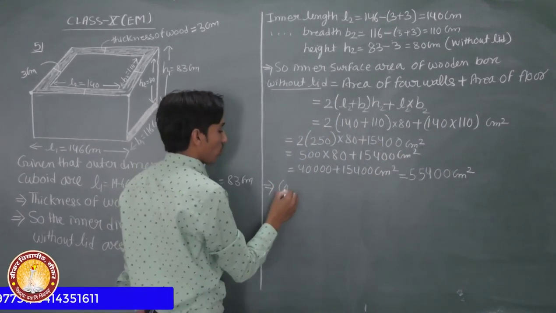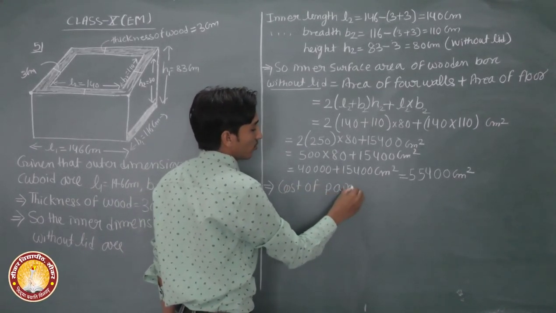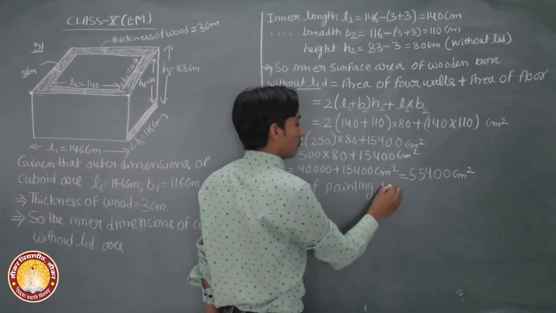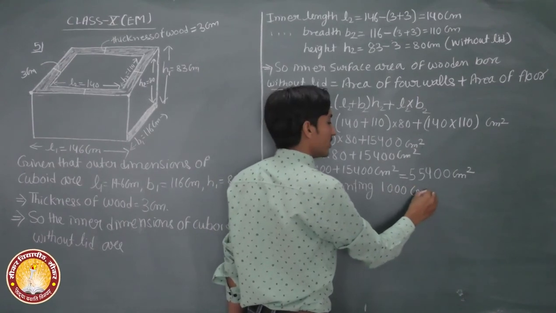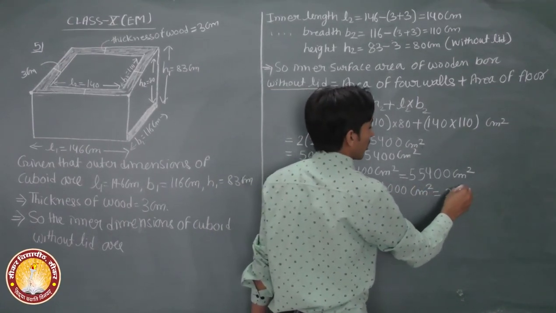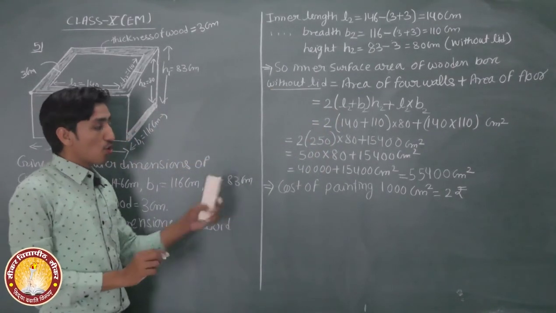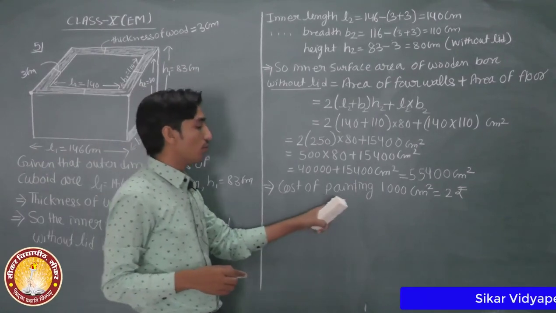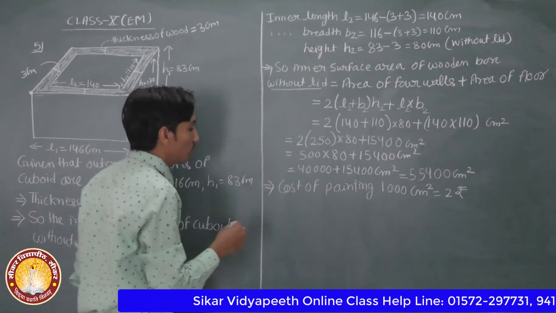Given that cost of painting 1000 centimeter square is equal to 2 rupees.